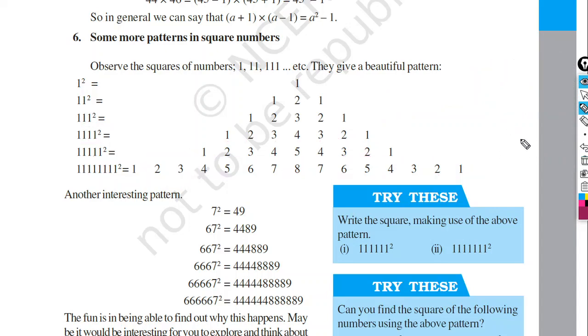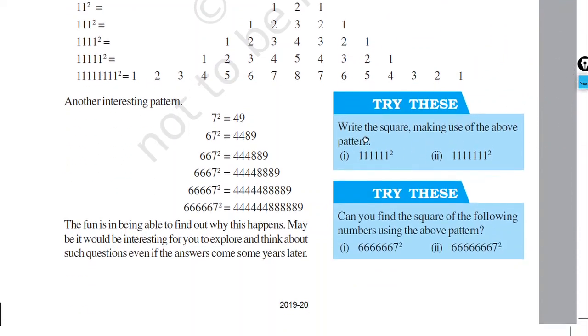Well, so we'll move to another pattern, and the pattern is this. 7 square is 49, 67 square is 4489, 667 square is 444889. Here the number of 6s is being increased towards the left, again by 1 every time, while the fours and eights increase: 3 fours, 2 eights, and 9 is constant.